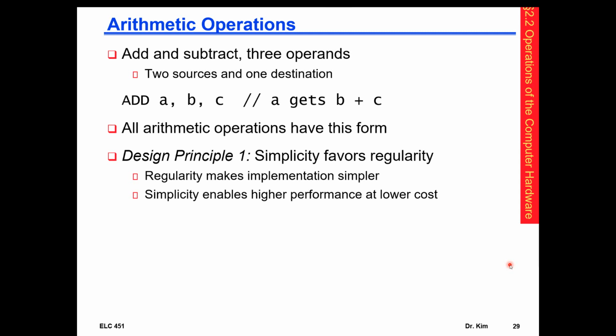All right, so let's look at the type of arithmetic instructions. This would be a group of instructions that use a specific instruction format. Specific to the ISA that we're going to be studying, these instructions have two sources and one destination, three operands. Whether it's a source or a destination, it is still an operand. A is the destination, B and C are the sources.